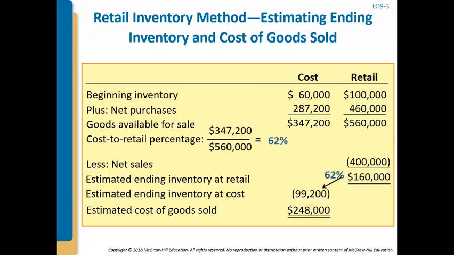In this case, that's 99,200. And so you're going to take that 99,200 ending inventory and subtract it from goods available for sale at cost of 347,200 to come up with your estimated cost of goods sold.